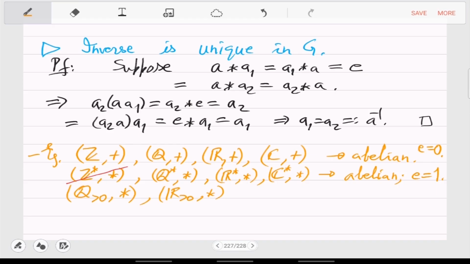Because for every positive number there is an inverse, the reciprocal, which is again positive. And the identity element is the same. So this is a strictly smaller group, a subgroup of Q star or R star. Okay, what else?